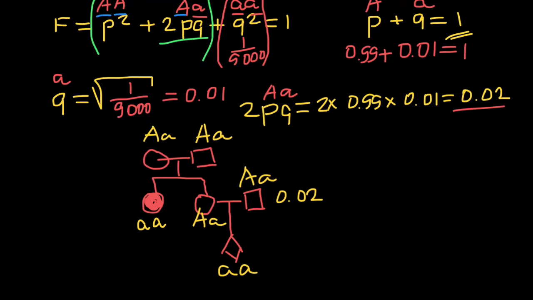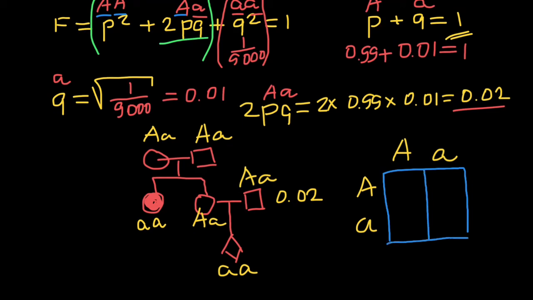We know the genotype of the parents, which is heterozygous. They are obligate heterozygotes. When we build a Punnett square, take a look at what we are going to see in their progeny: capital A capital A here, capital A small a here, capital A small a here, and small a small a here.